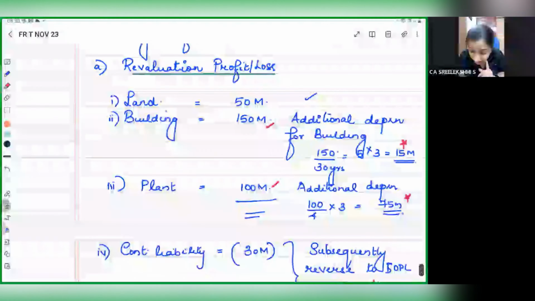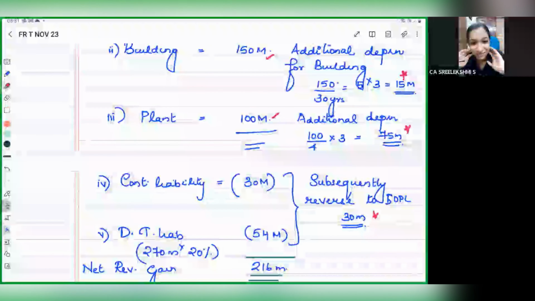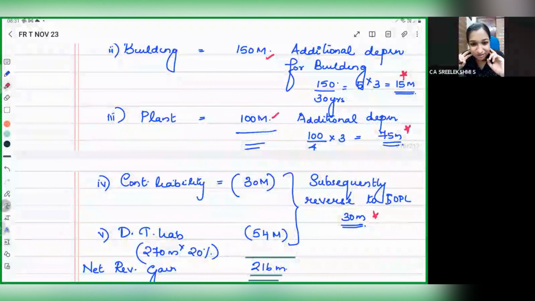No tax deduction has been received, which means on 15 and on 75, we have already paid additional tax. Yes or no? We have already charged. So 15 plus 75.